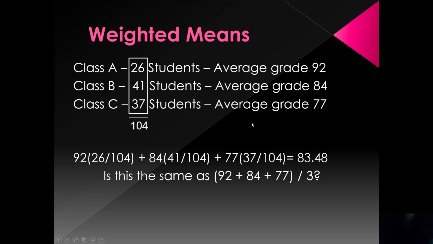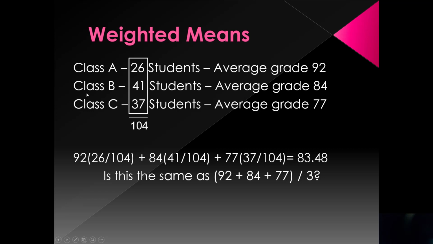And the reason why they have to do that is because all classes don't have the same amount of students, or they may not have the same amount of students. So you can't just add these average grades up for each class and divide by 3 and get an accurate count. So you have to calculate a weighted mean.